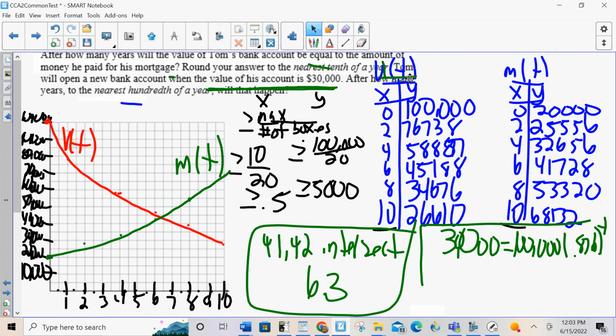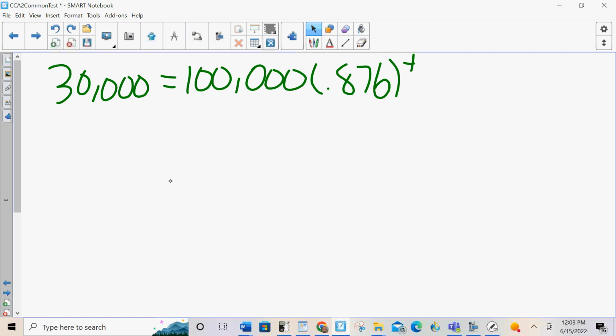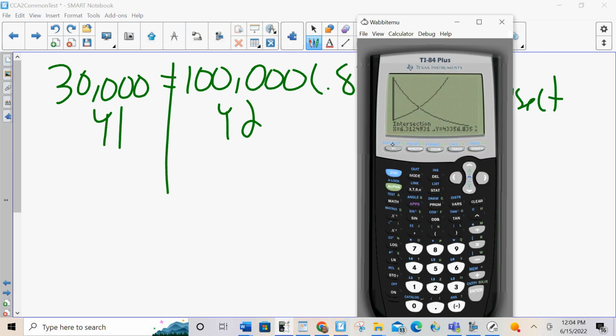No, it doesn't. So I can just do y1, y2 intersect. I can get rid of the second one because that doesn't matter anymore.